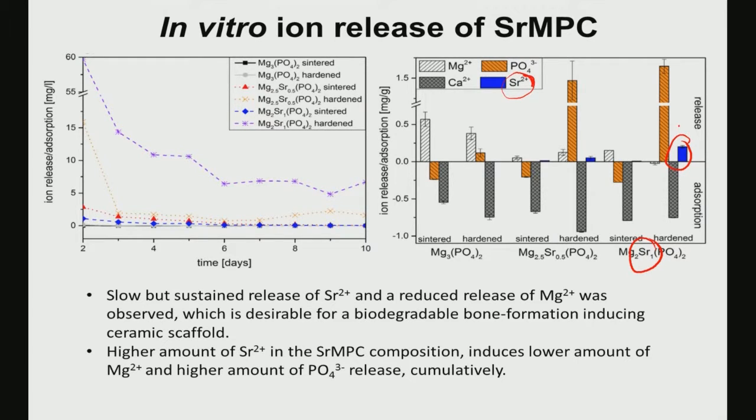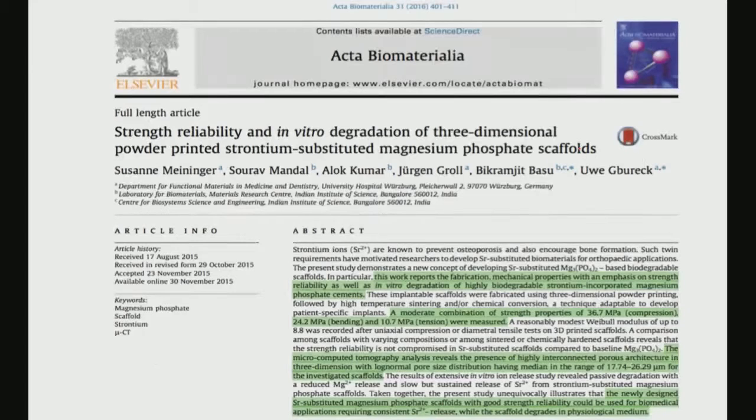This release is important because the strontium is not absorbed, it should be released, and once it is released, it stimulates the balance between the osteoblast and osteoclast cells in the bone. In osteoporotic bone, your osteoclast cells are more in number than osteoblast cells. So, strontium release will activate the biophysical processes to strike a balance between osteoblast cells and osteoclast cells.